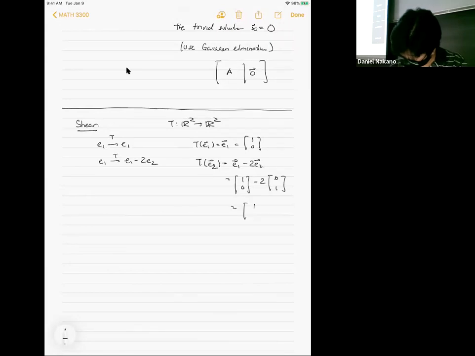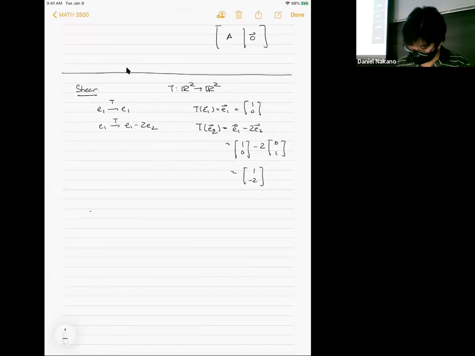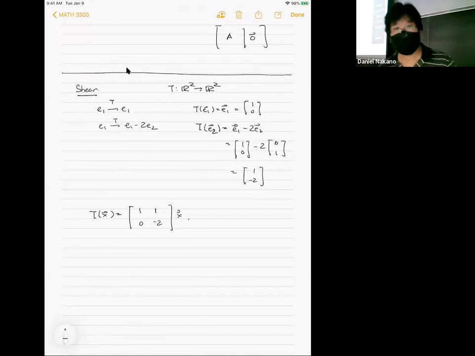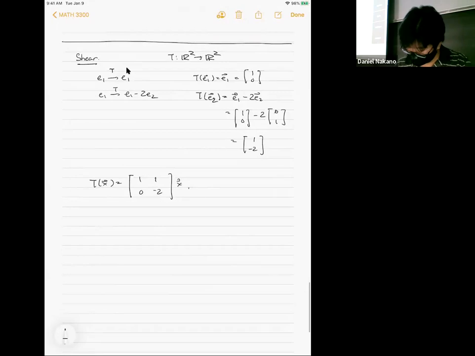So I get (1, -2). Is that what you got? Yes. Okay, so then T of x is going to be equal to the matrix with (1, 0) down here, and (1, -2) down here, times x. Okay, so is that clear, what you're doing with the shear? Yes.